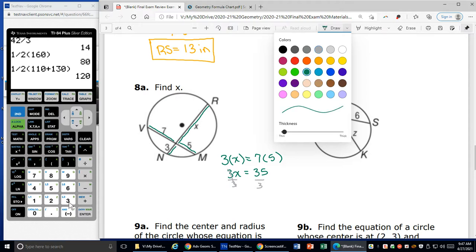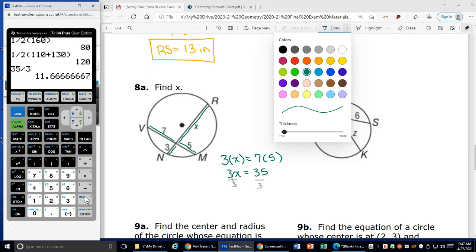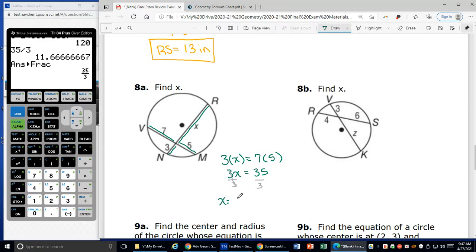If I do 35 divided by 3, I get a decimal. If I want it as a fraction, it stays 35 over 3. That doesn't reduce, so that's 35 thirds if I want an exact answer. If I round to 3 places, it's going to be 11.6 repeating, so I'm going to say 11.667 when I round correctly, and we don't have the units here, so I'm just going to say units.